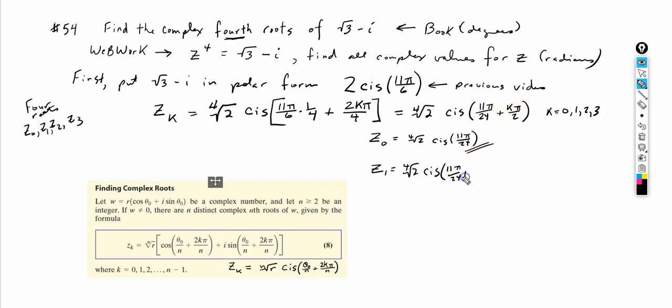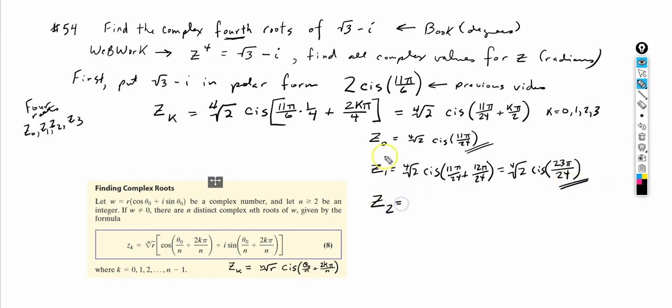Now I need to rewrite pi over 2 as 12 pi over 24 if I'm going to put these together. And so 11 pi over 24 plus 12 pi over 24 is going to be 23 pi over 24. And that's my second complex root.